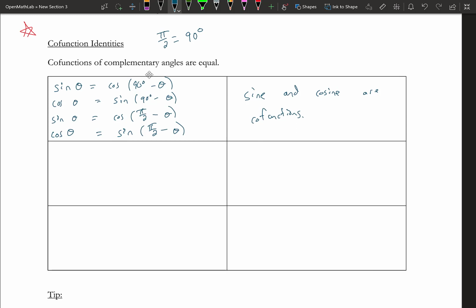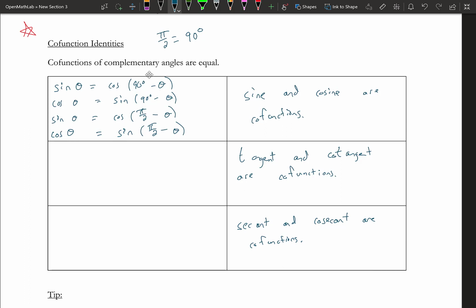So next, what we're going to find is that tangent and cotangent are cofunctions. And as you could guess, secant and cosecant are also cofunctions. Right?